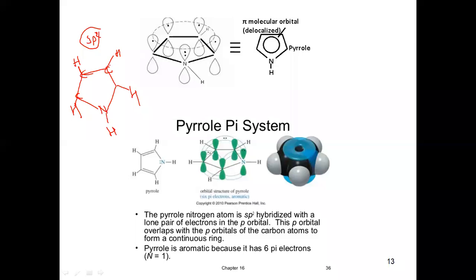Each carbon has one atomic orbital which does not participate in hybridization and is not involved in sigma bond formation. You can see here, this is the orbital not involved in sigma bond formation. This carbon's p atomic orbital is coaxial with the nearer or adjacent carbon.